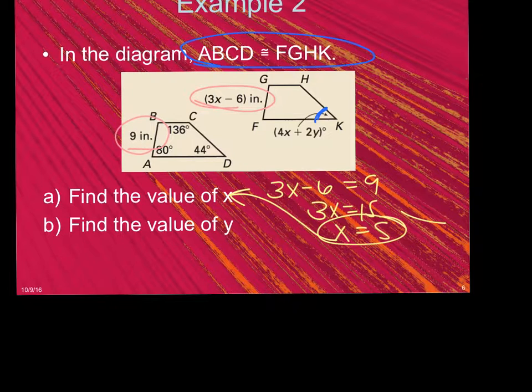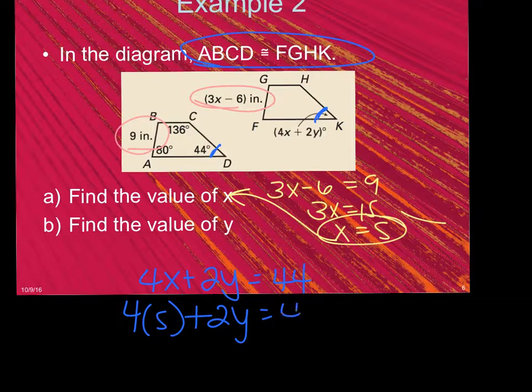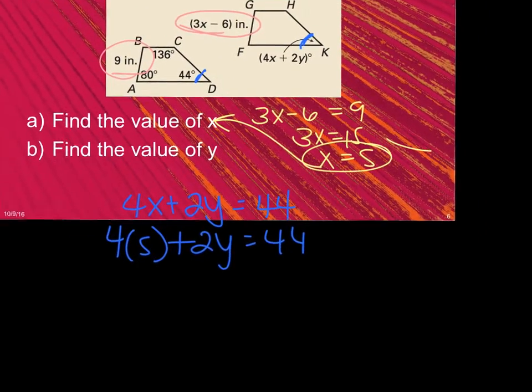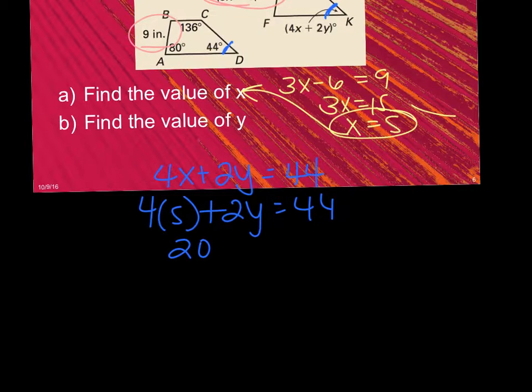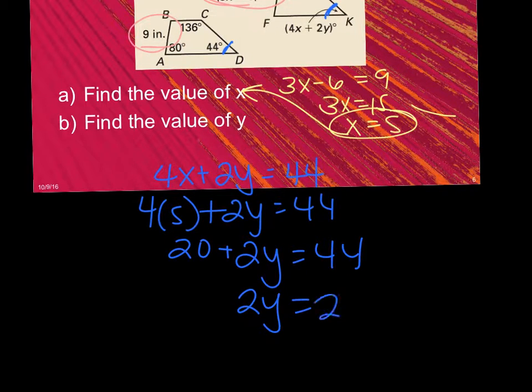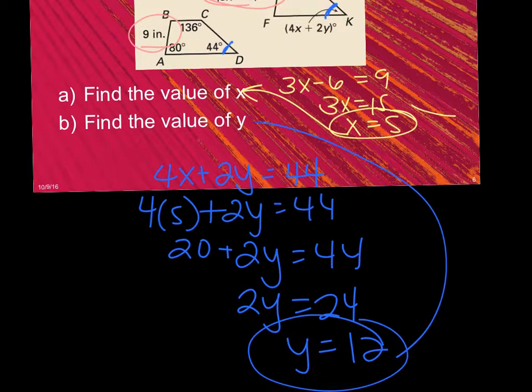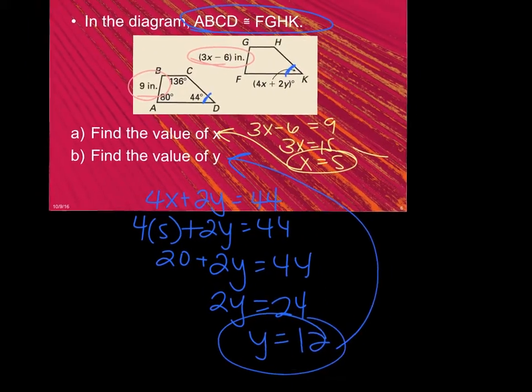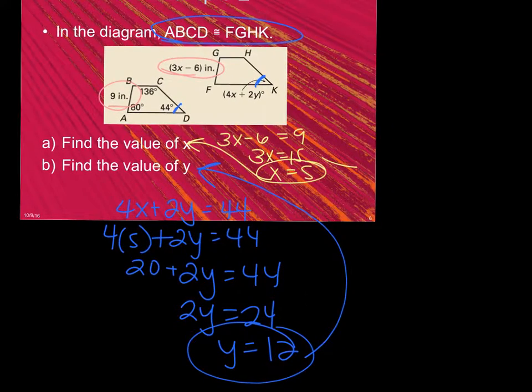Angle K would match what? 44, which is angle D. So 4x plus 2y would equal 44. I already have the x, it's 5. So sometimes it won't matter what order you put them in, but this time obviously it does because you needed the x. Subtract that 20 and divide by 2, and y equals 12. Questions on any of that?